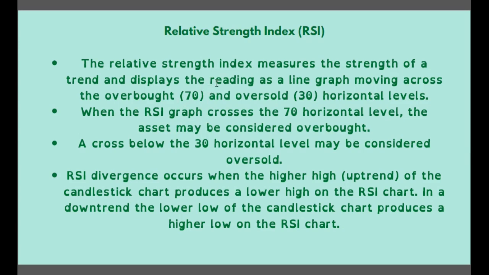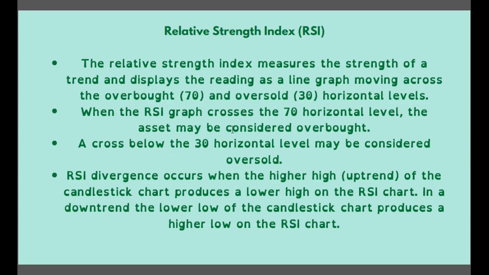So if you are trading a reversal at the touch of the 70 level, you will lose most of the time. If you are trading a reversal at the touch of the 30 level, you also lose money, because there are times when the price will shoot above the 70 level, and there are times when the price will fall below the 30 level.